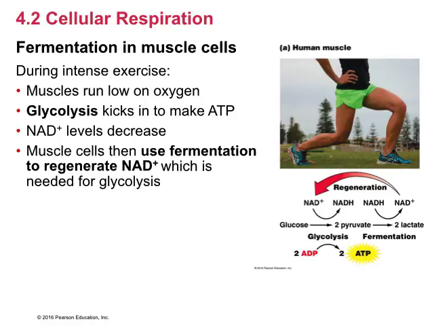Fermentation takes the two pyruvates and turns them into two lactates. You'll see that in the reaction from pyruvate to lactate, you're using the NADH and making NAD+ that you can now use for glycolysis.